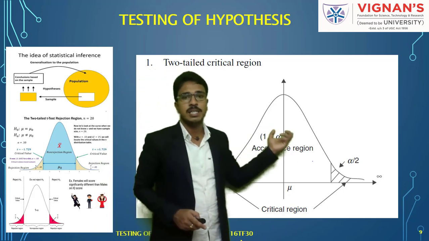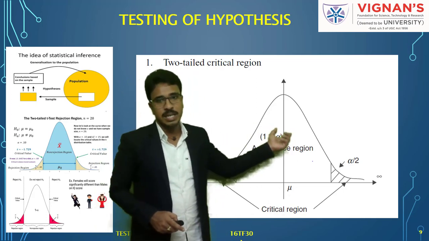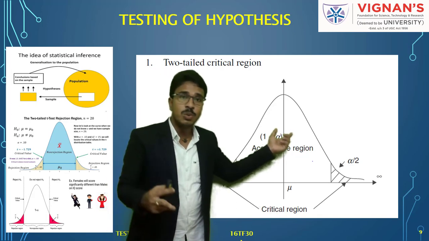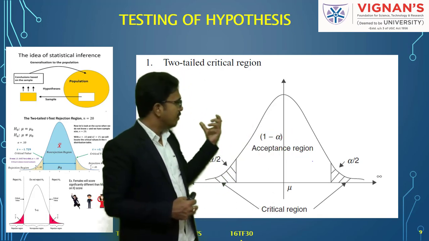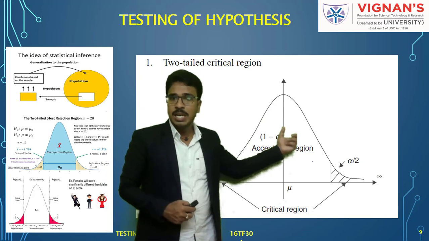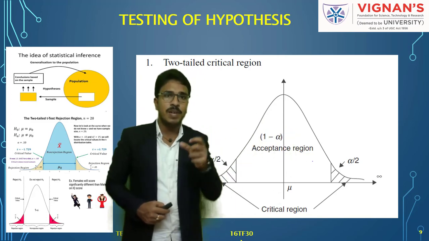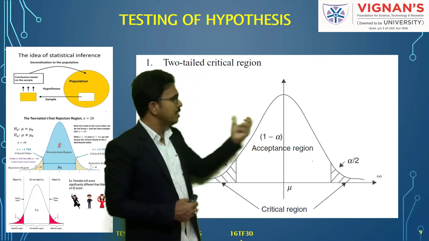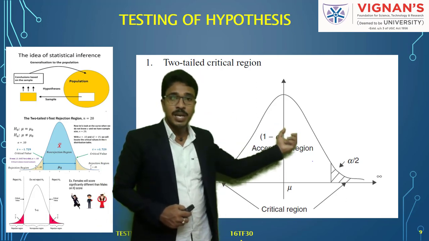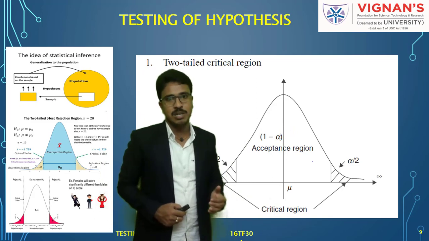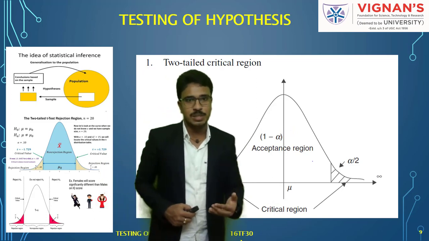These are the two regions which we call critical regions. Since it is a two-tailed critical region, we have critical regions on both the left hand side and the right hand side. Whatever the value of H0, if it comes under these critical regions, we reject our H0, that is the null hypothesis.